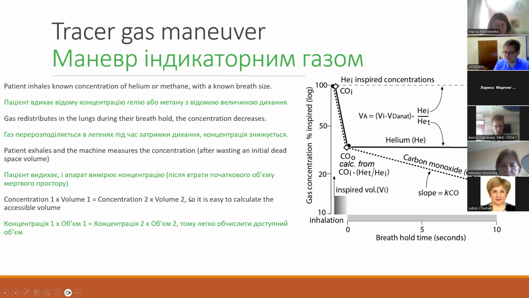It's simple to calculate, but this represents how much of the alveoli are actually participating in this gas exchange maneuver. And that's how we index this carbon monoxide diffusion capacity. So the slope of this line is the transfer factor for carbon monoxide.